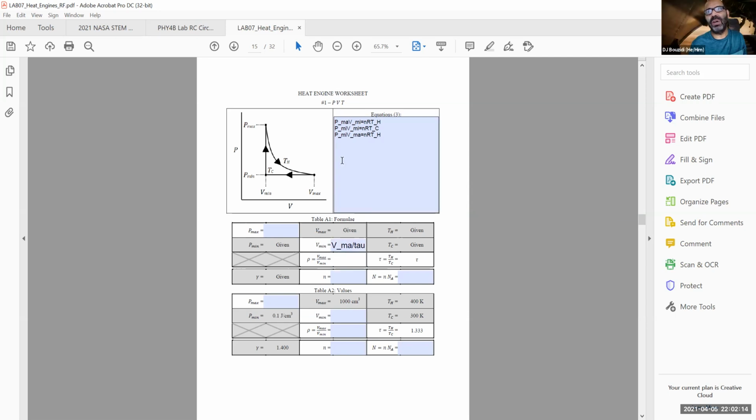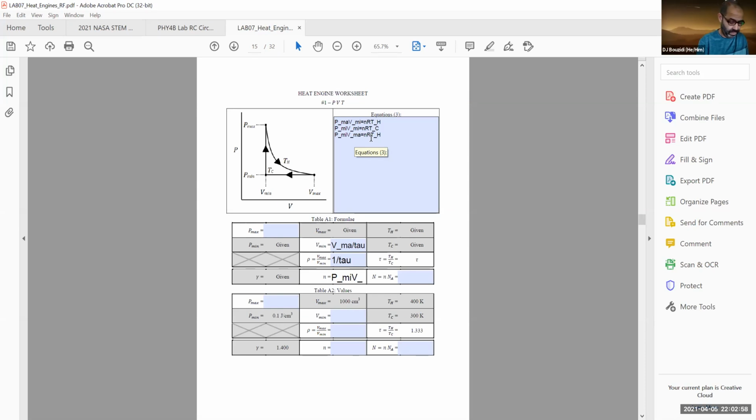What is the ratio in here of Vmin over Vmax? If I take Vmin over Vmax, from this expression, actually it's 1 over tau. Okay. And the number of moles, I can use one of the equations that has everything I know. Since Pmin is given, and Vmax is given, and TH is given, and R is given, this is going to be Pmin times Vmax divided by RTH.